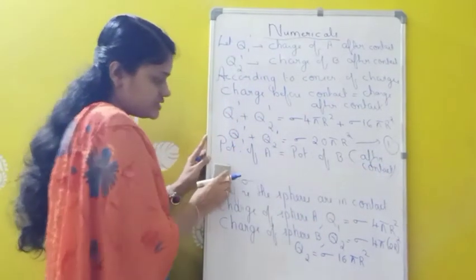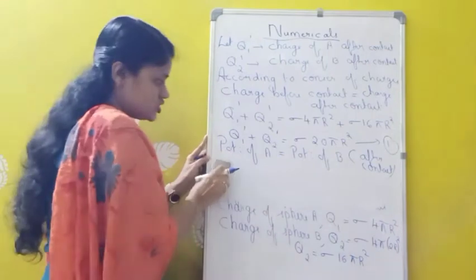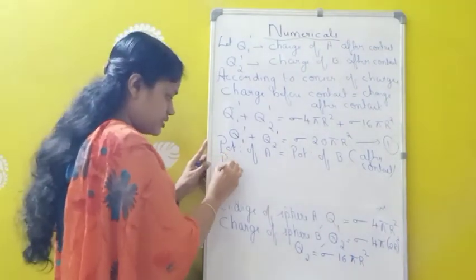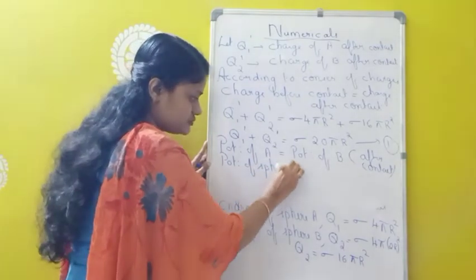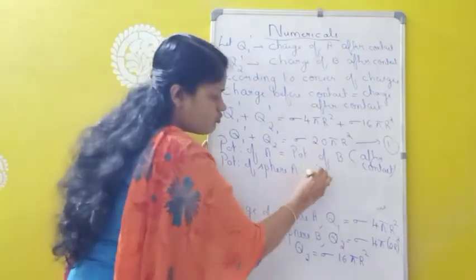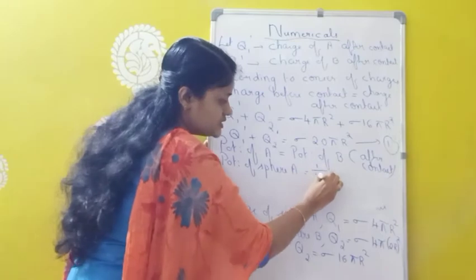Now we can write the formula for potential. The potential of sphere A equals 1 by 4 pi epsilon 0 times charge by distance.